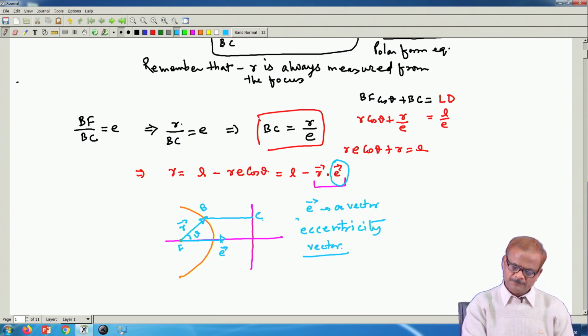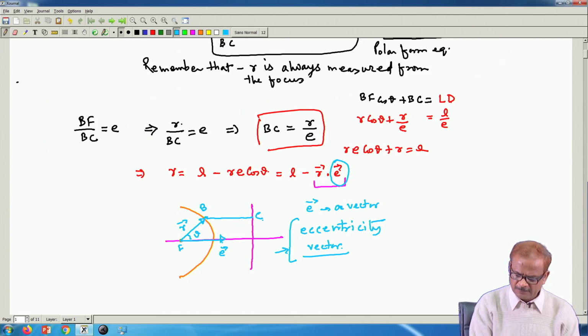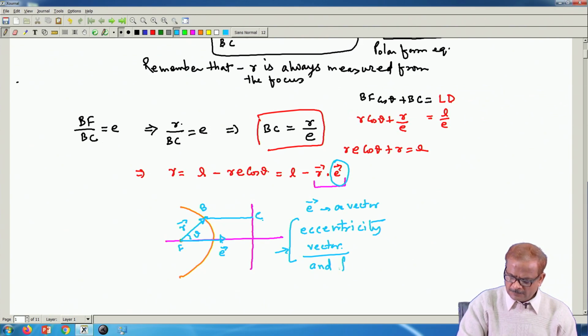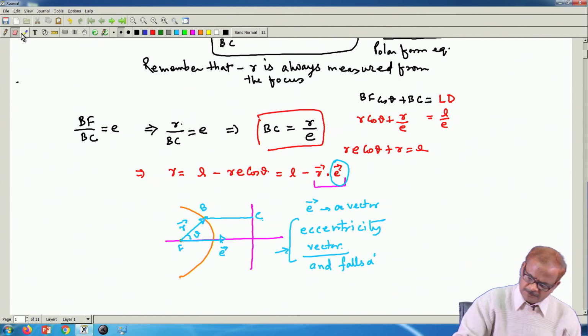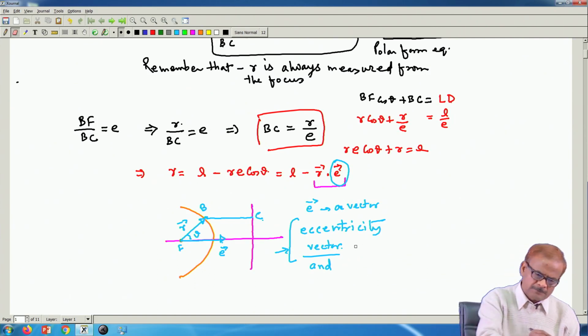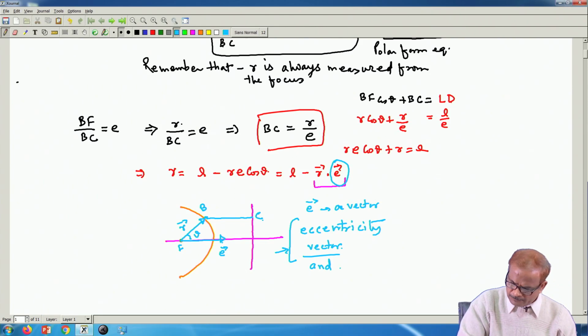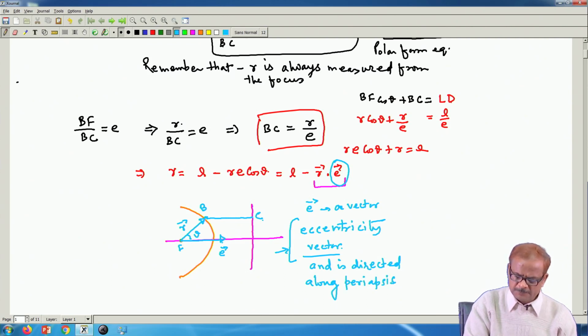Once we advance, we will prove this fact that E indeed is a vector which is directed along the periapsis.